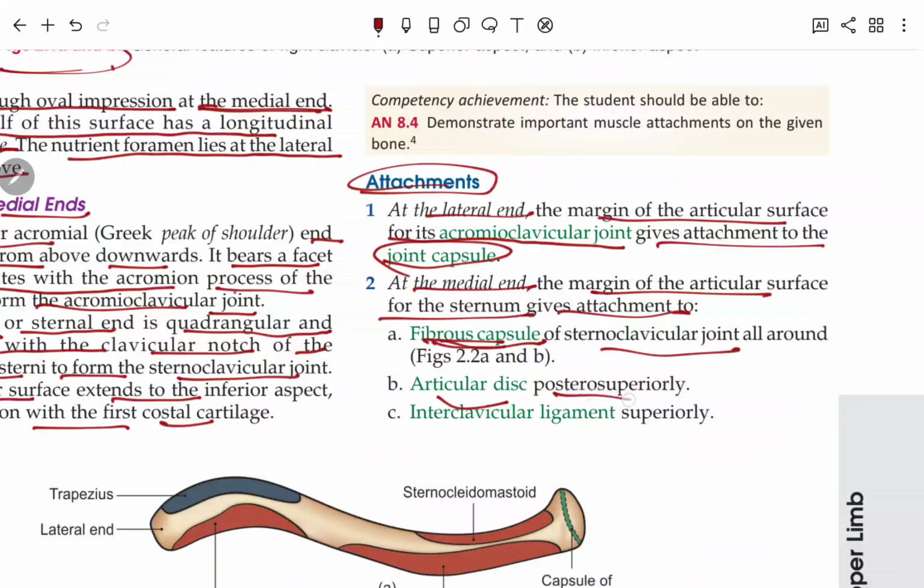The articular disc is posterior-superior, and the interclavicular ligament is superior. The interclavicular ligament connects both medial ends of the clavicle, lying just above the sternum. A small sheet of ligament passes just above the sternum and connects the medial ends of the clavicle, holding both clavicles medially.